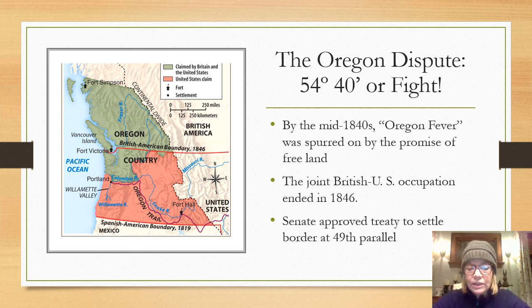But then they negotiate to maintain the line that had been established by the Webster-Ashburton Treaty, to keep our northern boundary with Canada at the 49th parallel. So we do that so that we don't have the tension with England, because remember, they had all of Canada. The only little snag in all of that was Vancouver Island and Victoria. I always wish that we had gotten that territory because it's beautiful up there.